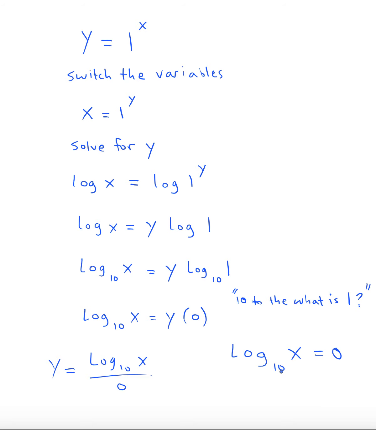So 10 to the 0 is x. X can only be 1. And y can be any number. There's no restriction on y. It's not even in the equation anymore. So that's a problem. It's not a function.